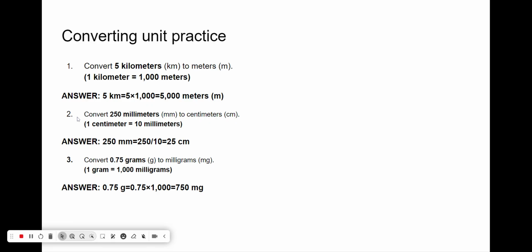Here, we're converting 250 millimeters to centimeters, and using our chart, we can see that 1 centimeter equals 10 millimeters. So we take the 250 millimeters, we divide it by 10, since there's 10 millimeters in a centimeter, and we get an answer of 25 centimeters.